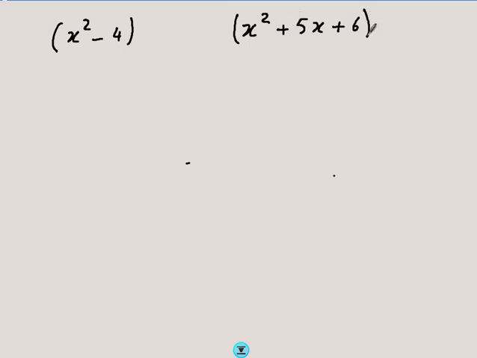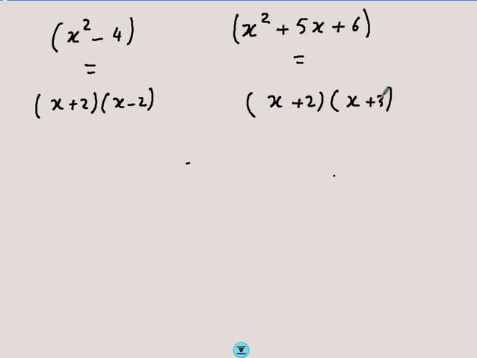The process is exactly the same. You factorize this and it's x plus 2 times x minus 2, and you factorize this and it's x plus 2 times x plus 3.